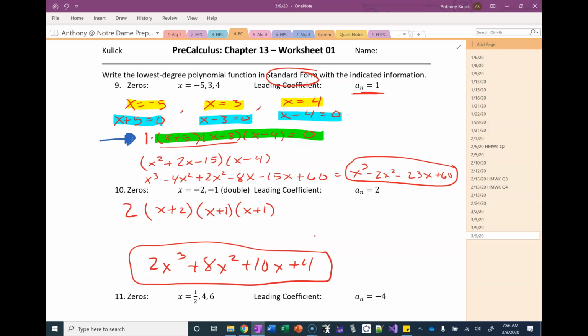So the answer, when you FOIL that out, should have been 2x cubed plus 8x squared plus 10x plus 4.